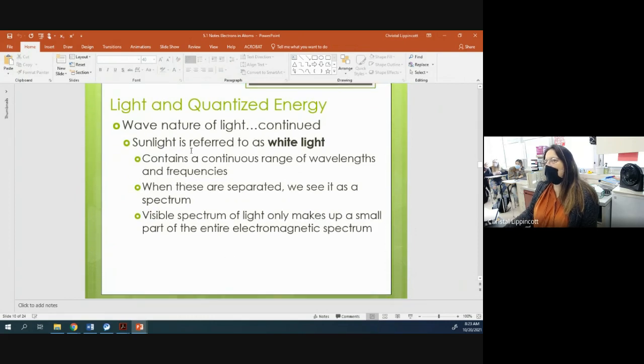Light can be referred to as white light. It actually contains all those different frequencies of visible light. You can use a spectrum to break those apart and emit just a small part of that.